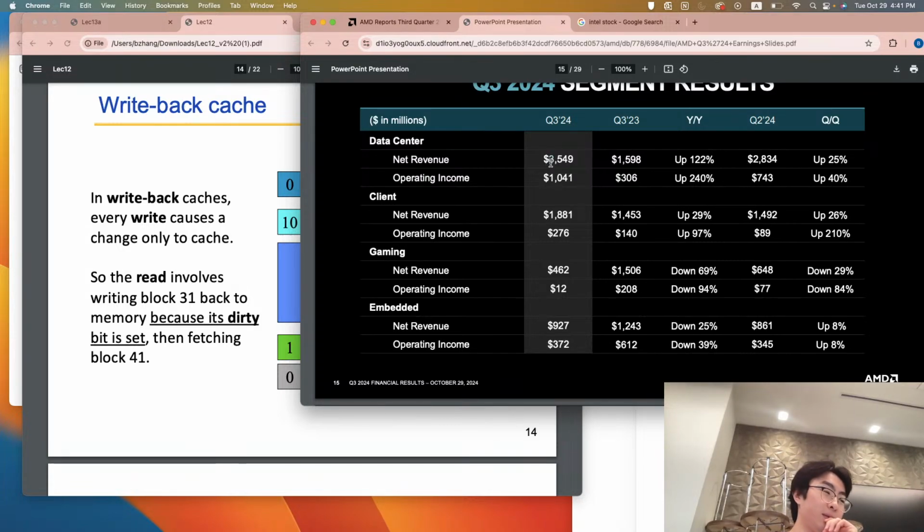It's not a lot though, net revenue of 3 billion.